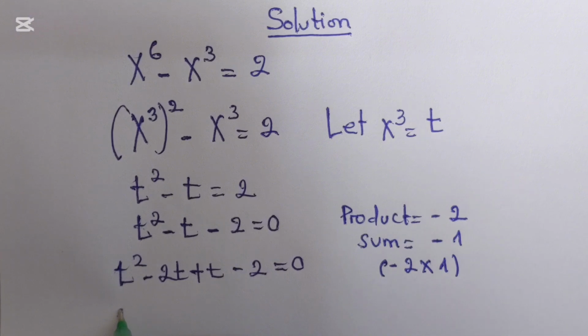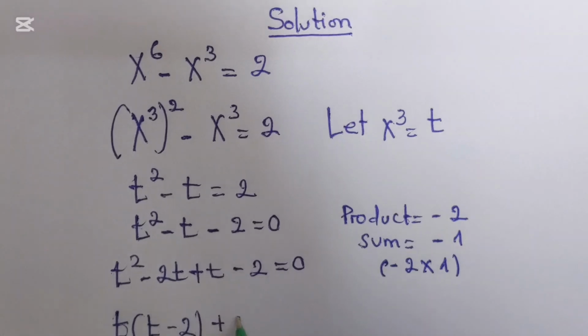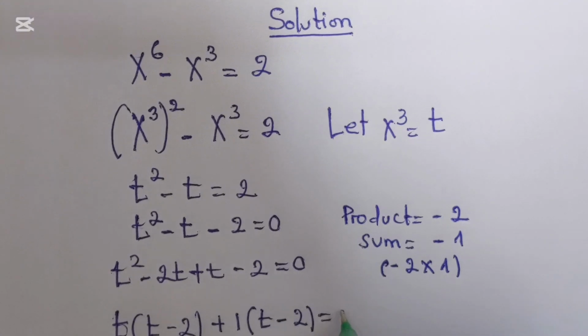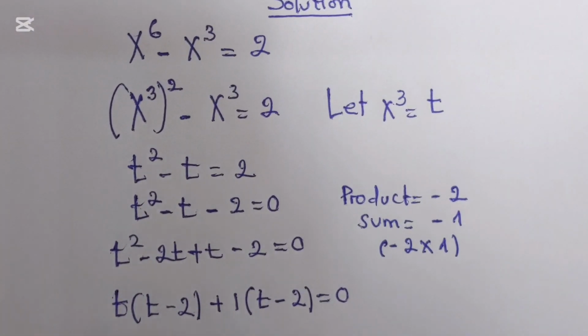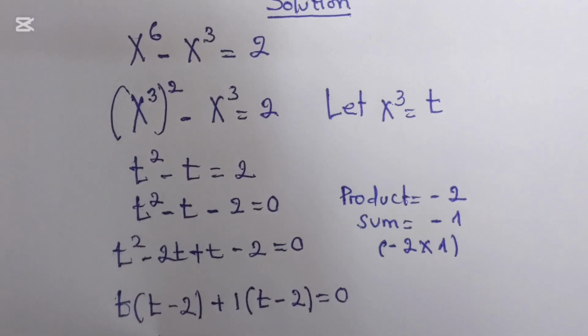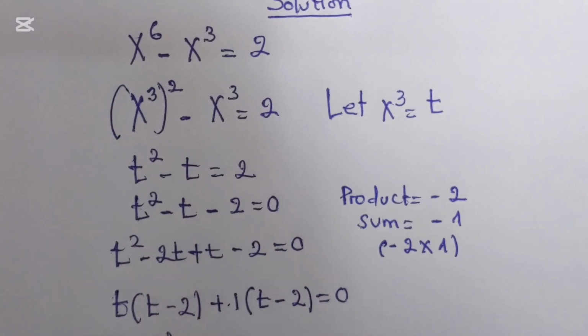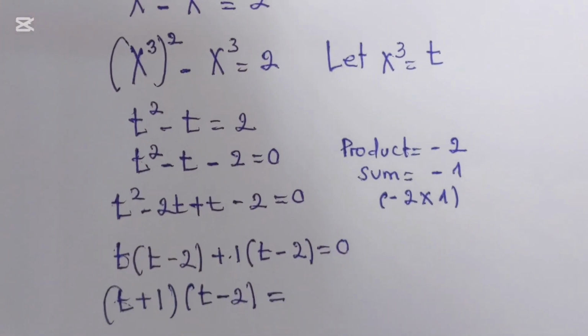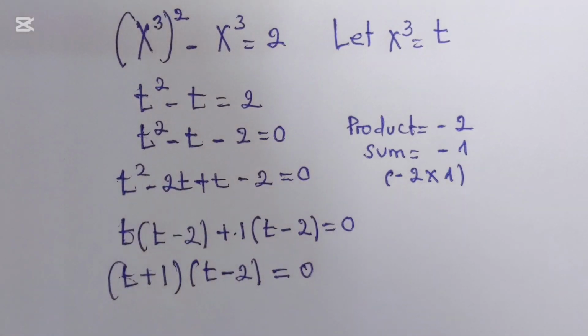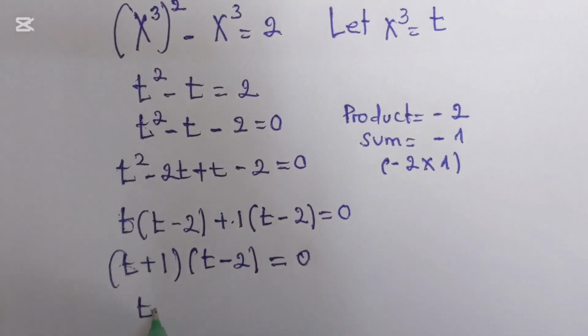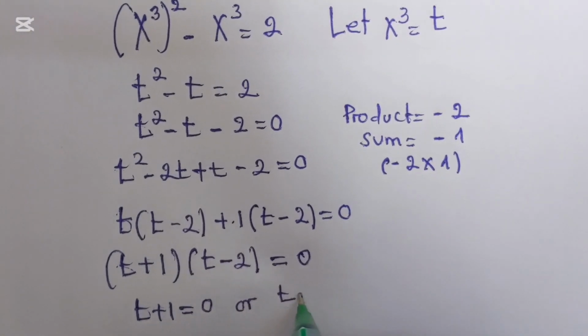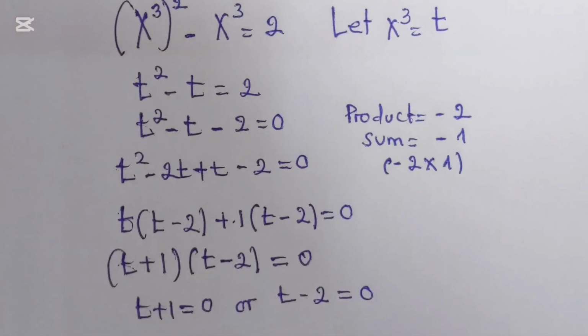Here we can factorize t to get t minus 2, whereas here we can multiply 1 to get t minus 2, which equals 0. Then t plus 1 times t minus 2 equals 0. So t plus 1 equals 0, or t minus 2 equals 0.